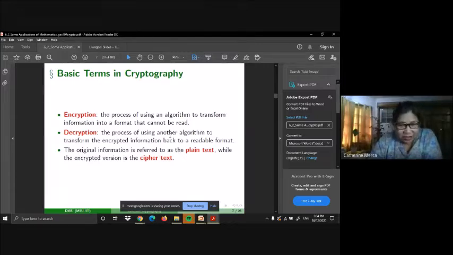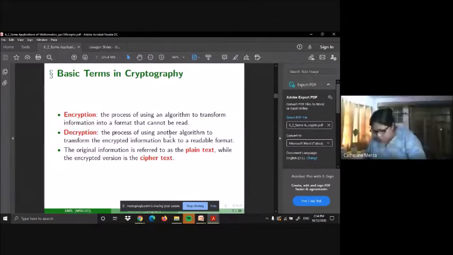The cipher wheel will be due on October 26. That will be your Activity 12. The cipher wheel activity is related to the encryption and decryption topics. So it is due on October 26. Make a cipher wheel.